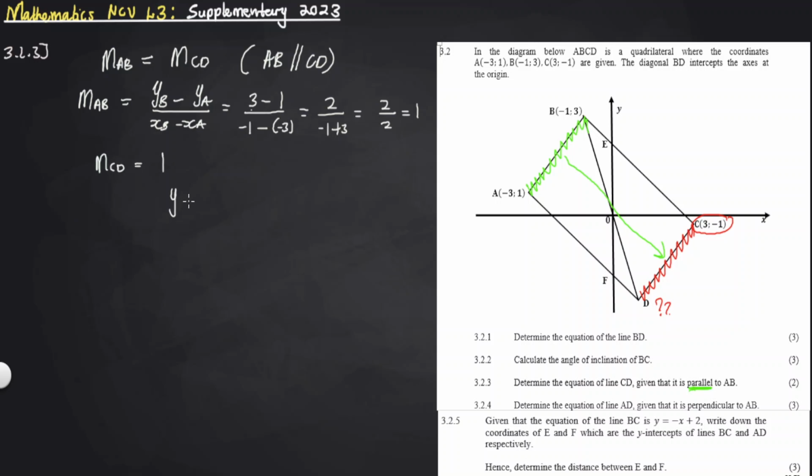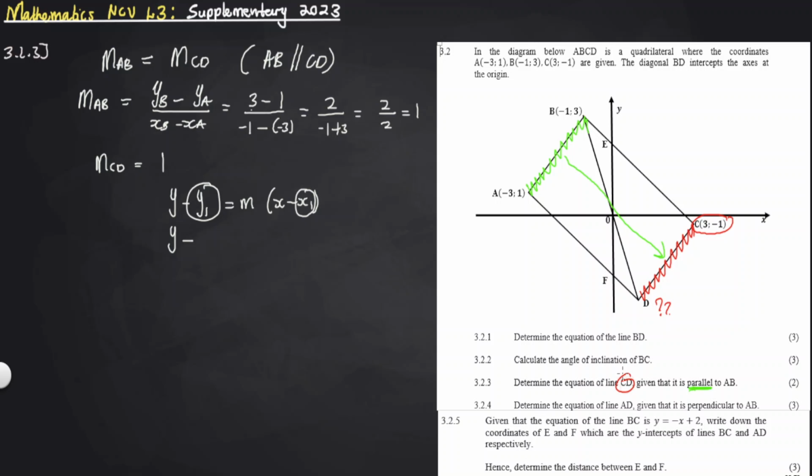Therefore we're going to use this formula, y minus y1 equals m times x minus x1. What are y1 and x1? It's the point on line CD. Remember, we want the equation for line CD.